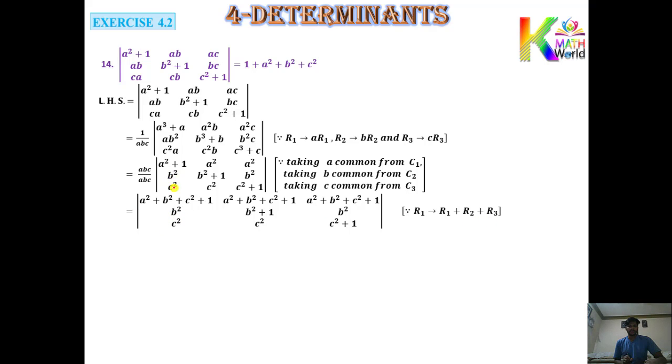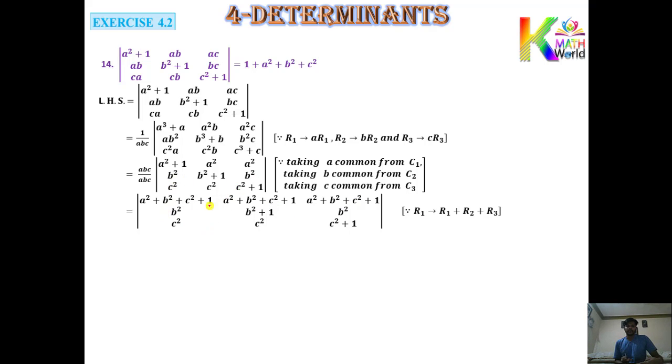So b square and c square are added here. These two got added here. So here occurs 1 plus b square plus a square plus c square. These two are being added to the first one, so 1 plus b square plus c square. It means each element of the first row becomes 1 plus a square plus b square plus c square. Only R1 got changed. R2 and R3 are as they are, you can see here.